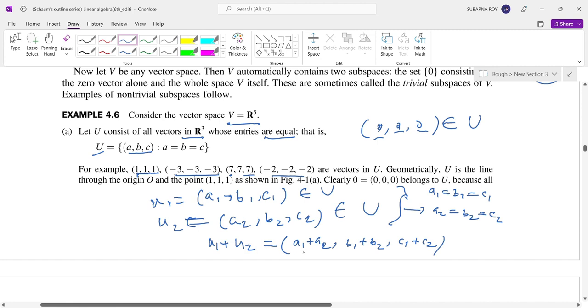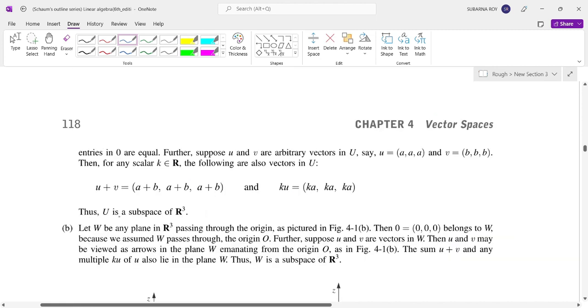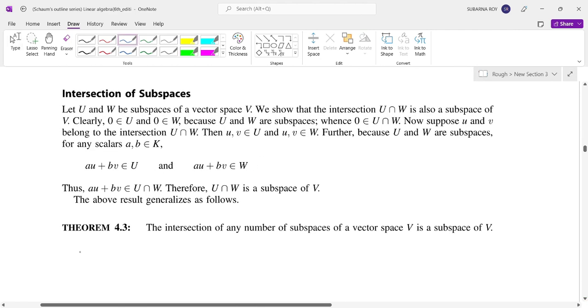As these are all equal, the sum has equal entries. Therefore we can conclude that U is a subspace of R3. We will solve another question.